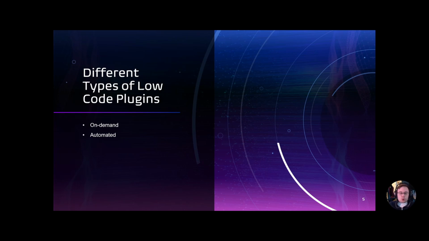These two different types of low-code plugins are the on-demand plugin. These on-demand plugins are only run when you call them from a Power Apps expression or a Power Automate flow step. Think of it very much like an instant triggered Power Automate flow, except it's slightly better. We know that Power Automate flows are asynchronous, which means we trigger them and then they take a few seconds to actually run.